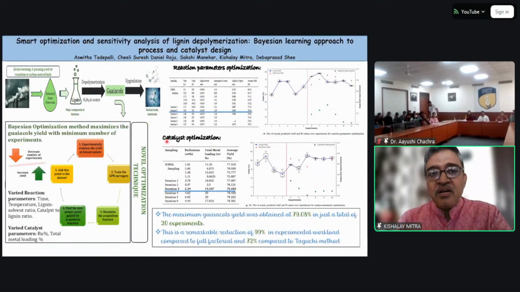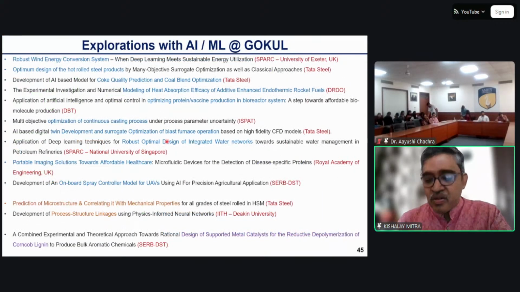This is like, so there is something called lignin, which is a source of several industrial chemicals. So how can we optimally perform our experiments so that with a minimum number of experiments we can get our job done? Okay, these are several projects which are going on in our lab. Again, just to excite you that there is extreme opportunity of application of ML and optimization in several fields.